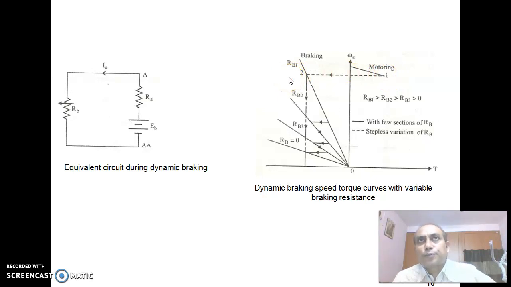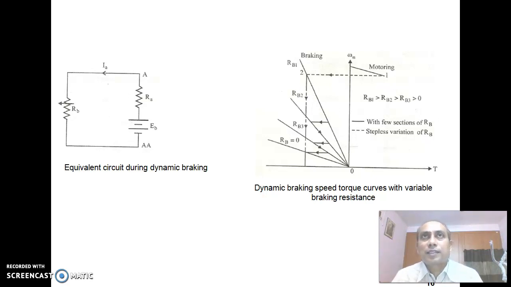Since the torque acts in the opposite direction, the speed decreases and the armature current IA also decreases, decreasing the braking torque. The deceleration decreases. To keep the braking torque at the desired level, the armature current IA has to be kept high.